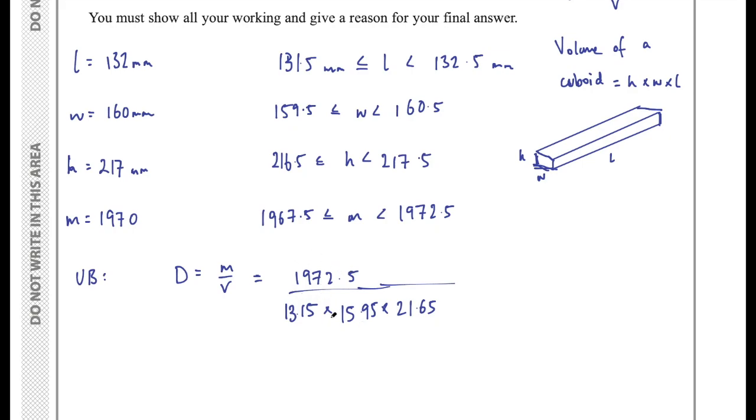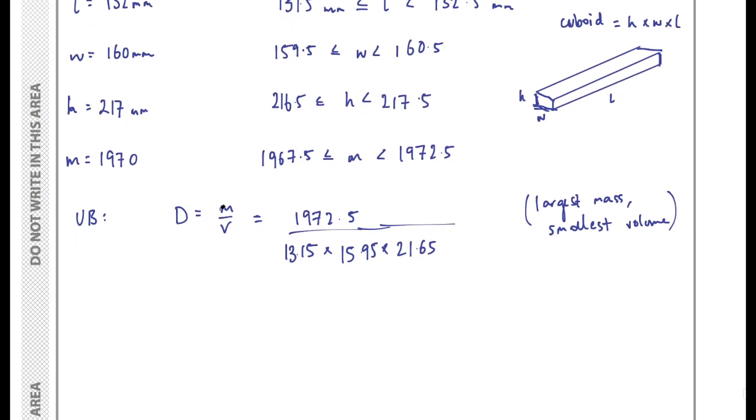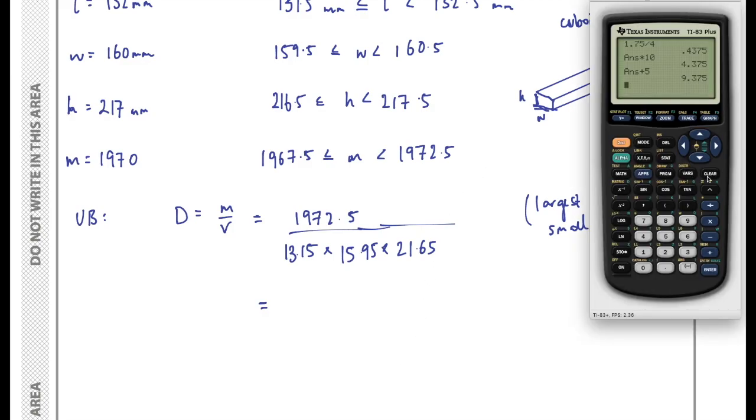The upper bound of the mass will give me the upper bound of the density. Just to make a little note, we've done the largest mass divided by the smallest volume. Okay, so putting this into a calculator. Let's go ahead and do that. Shout out to calculators, making our lives so much easier.